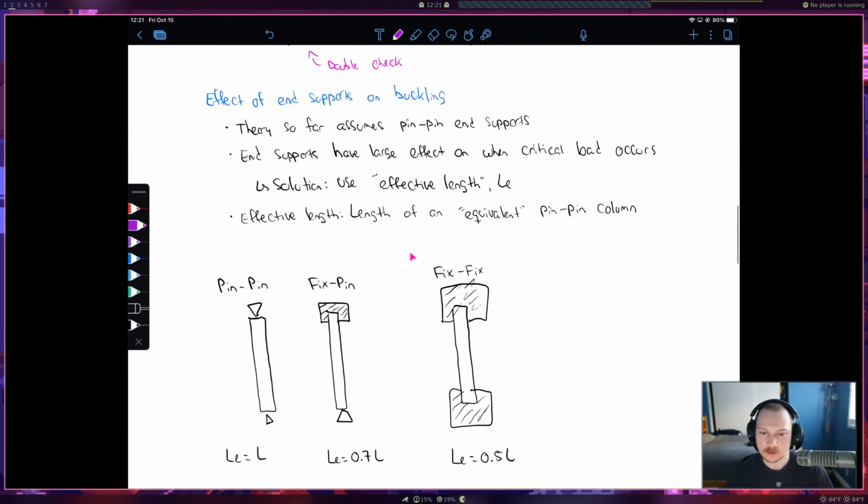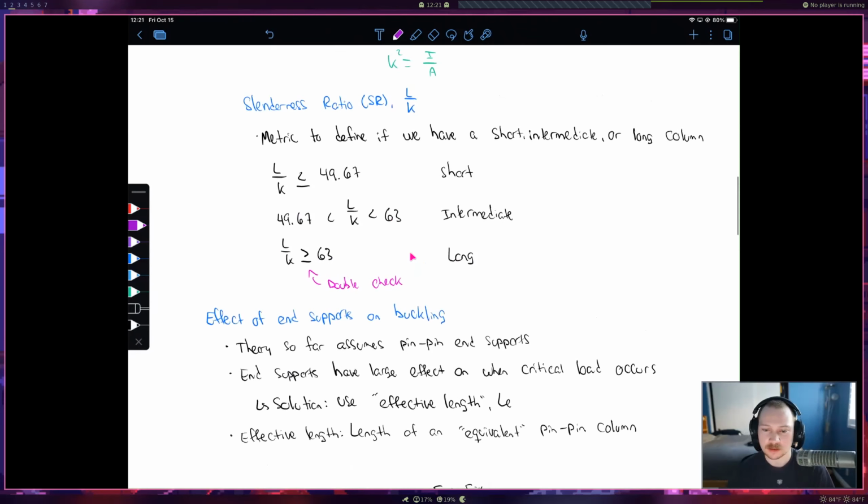And then the last thing here is the slenderness ratio. So that's for if we have a short column, intermediate, or long, for how we define those. Now we can define that in conjunction with the effective length concept for the different end supports.